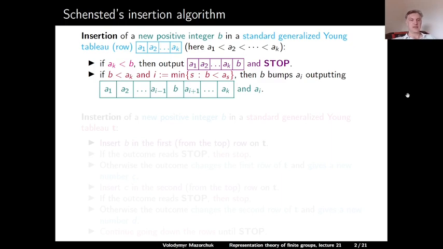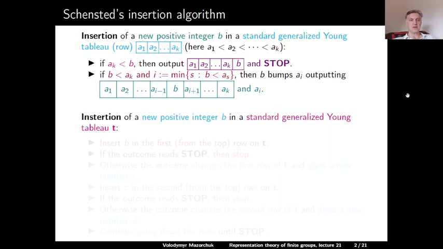If b is smaller than ak, then we pick the minimal index i such that b is smaller than ai, and we replace ai by b in our row, and the output is this new row together with the number ai. One usually says that b bumps ai from the row.